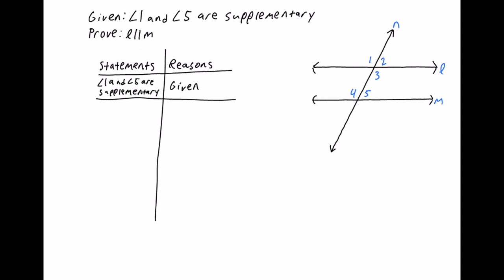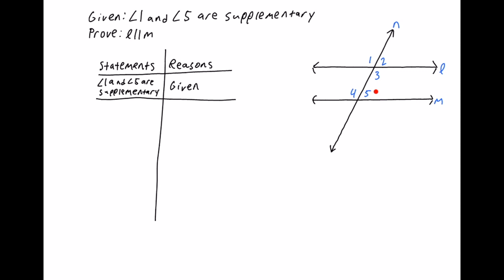There could be a couple ways to go about this, but I noticed that next to angle 5, we've got angle 3 here. Those two make a pair for parallel lines, so we can deal with that. I think that'll work the best.